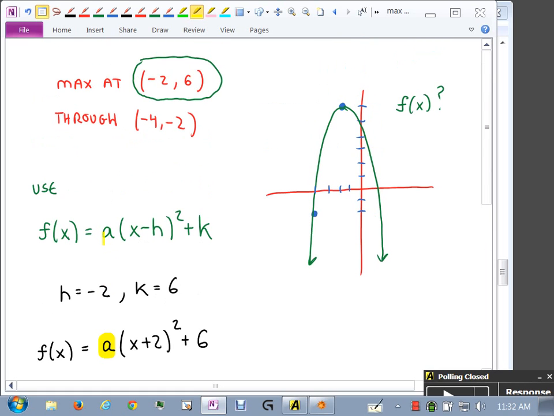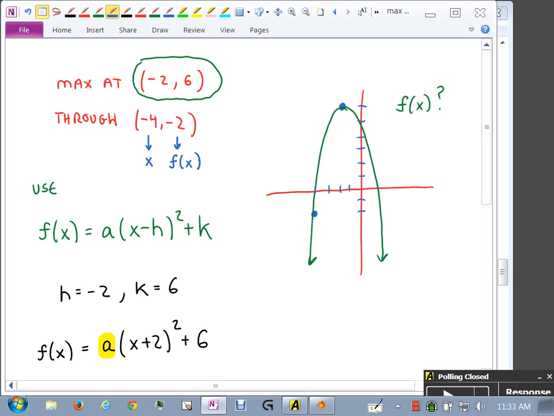So how much information have we used so far out of what we were given here? We've just used this, right? So how does this point come into play? Well, let me tell you. I know that with any point that lives on a graph, this is the x, right? And this is what comes out once I plug in that x, right? This is f of x.